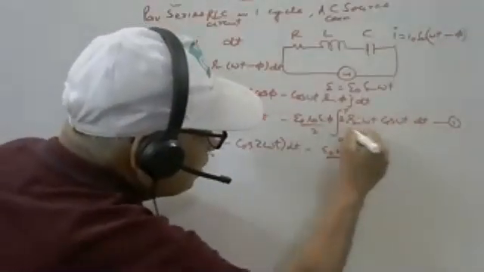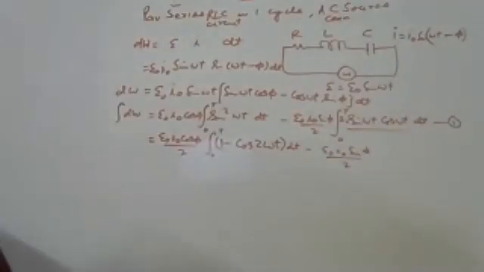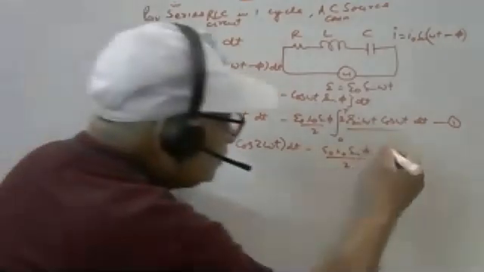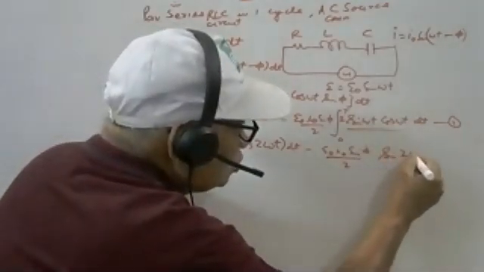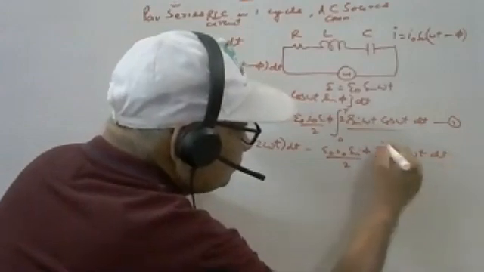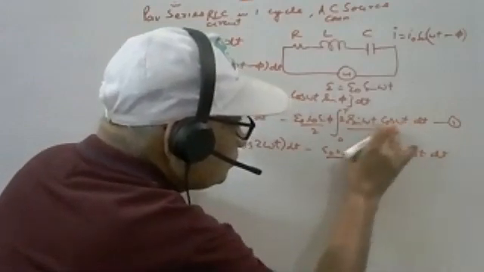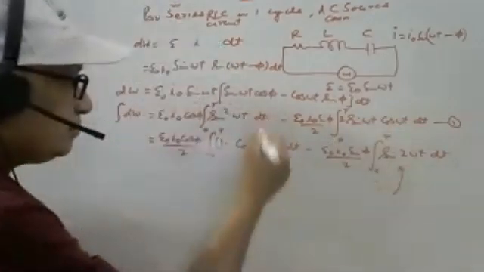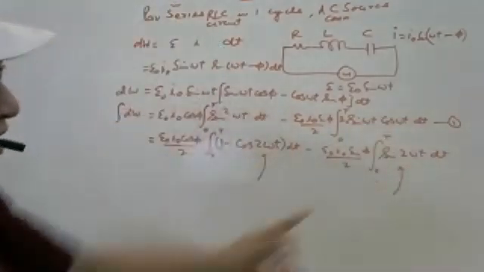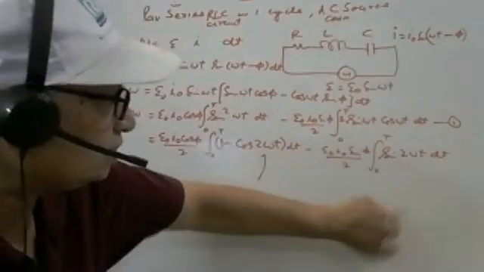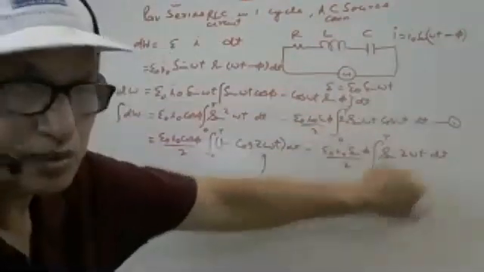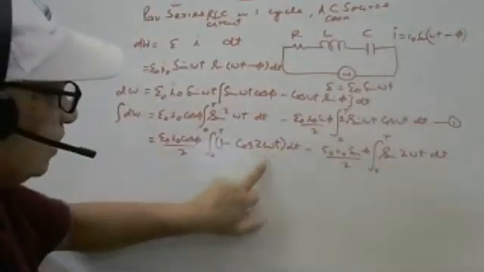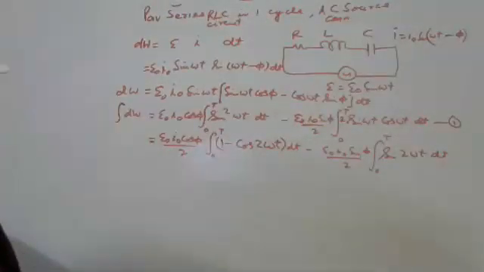Using this formula again, the half angle formula for sine, we are writing here sine 2 omega t dt. We know the derivation of this. First of all, just tell me, just now we have repeated 2 times, what is the integration of sine 2 omega t?